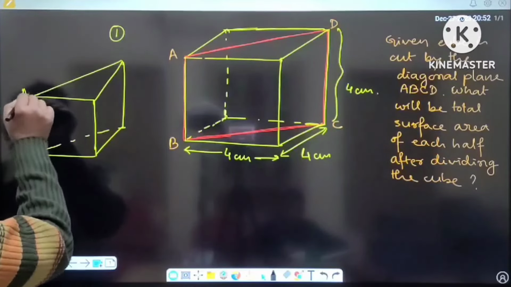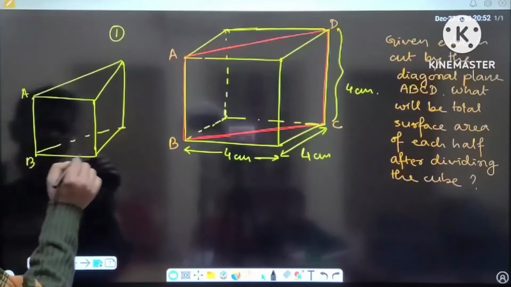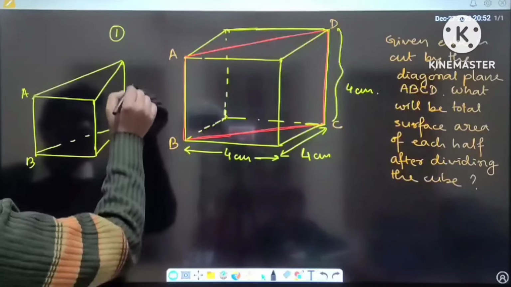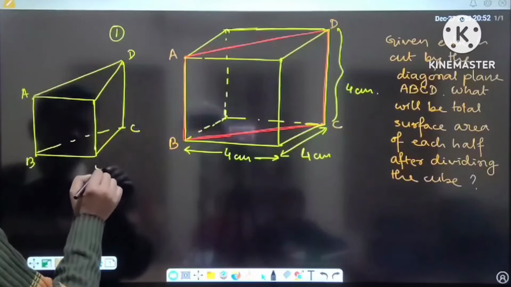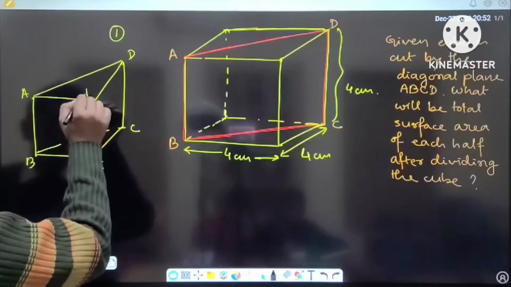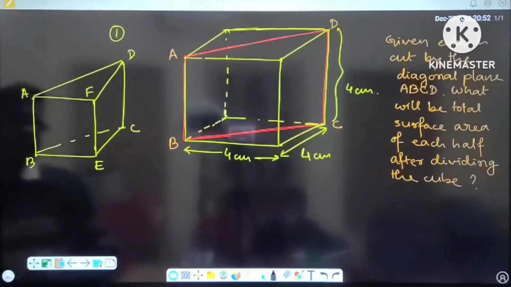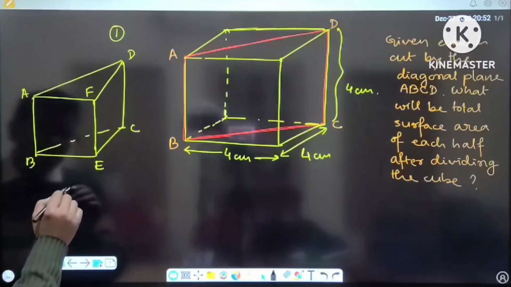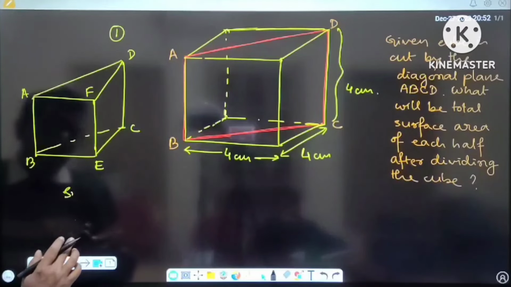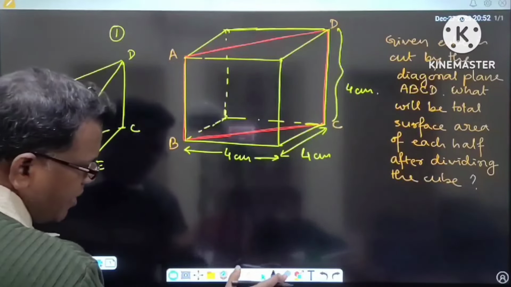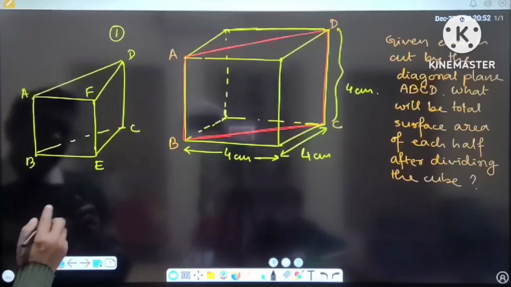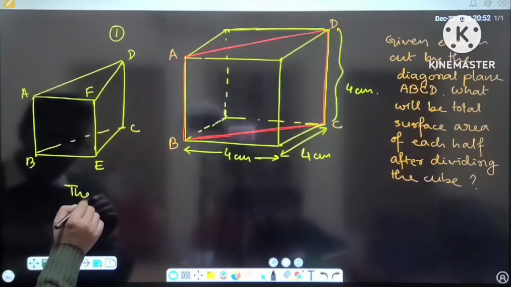This is A, this is B, this is C, this is D. I can mark this as E, this is F. So you can see the surfaces, this total.